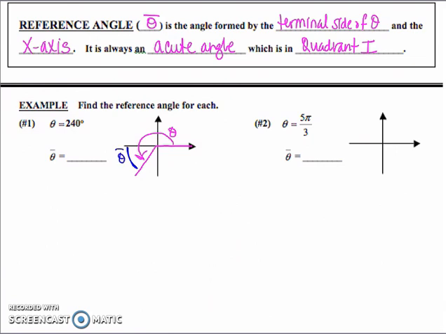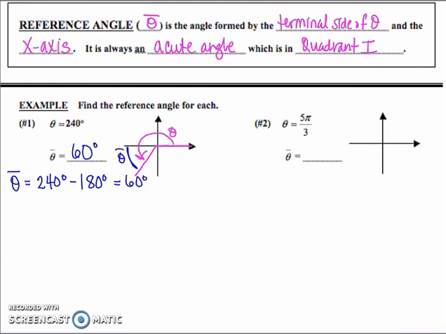So here's our theta bar. And we know that if theta is 240 degrees, basically that is 60 degrees past the x-axis, so that tells us that our theta bar in this situation is 60 degrees, right? And again, if you want to know how I figured that out, theta bar is going to be equal to 240 degrees minus 180 degrees, which gives us 60 degrees.